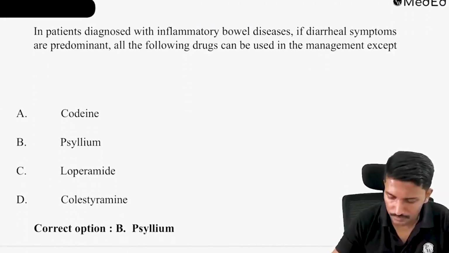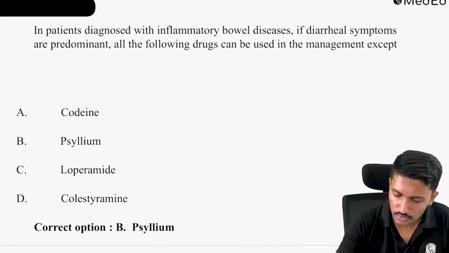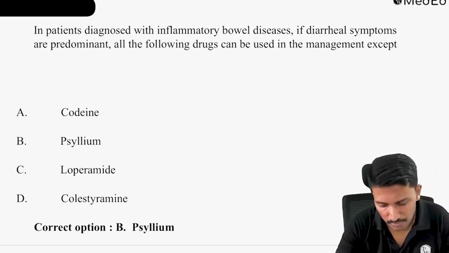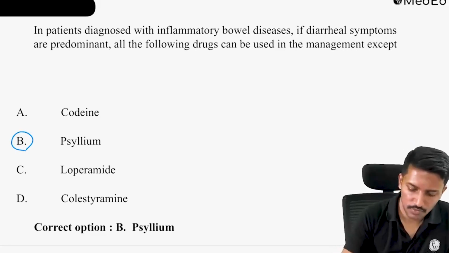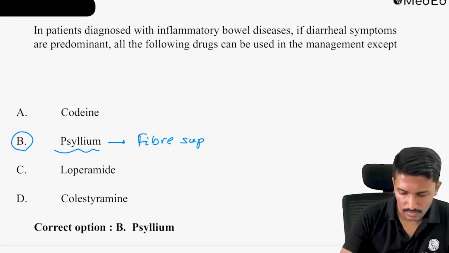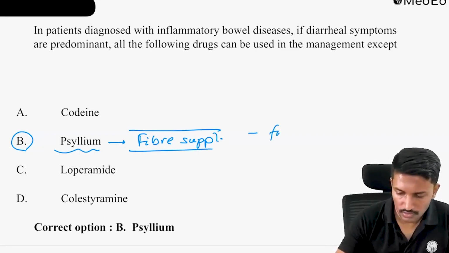Okay, next. In a patient diagnosed with inflammatory bowel disease, if diarrheal symptoms are predominant, all of the following drugs can be used in the management except. Now this answer is very straightforward. Psyllium husk, because psyllium is a fiber supplement, and it can be useful for patients with constipation.